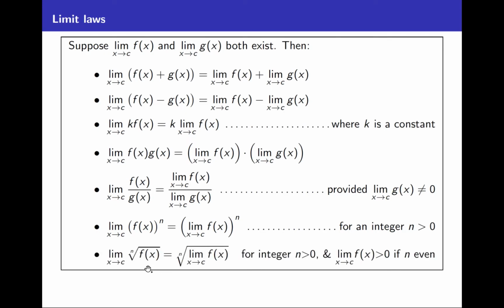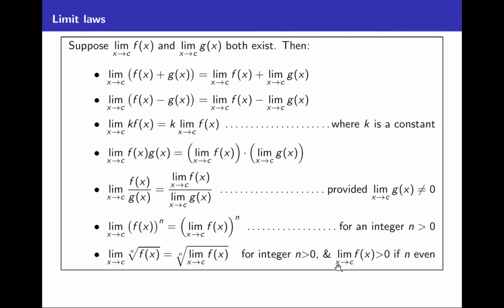And here's another one, completing our set. The limit as x approaches c of the nth root of f of x equals the nth root of the limit as x approaches c of f of x. Basically, this is saying that in a situation like this, you can bring that limit inside the radical. And this is true for any integer n, for the nth root.